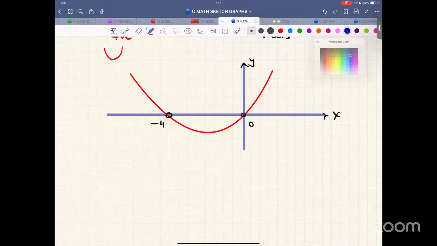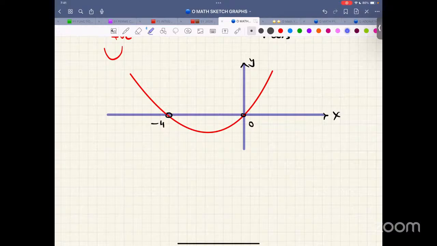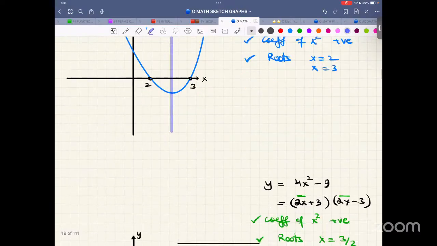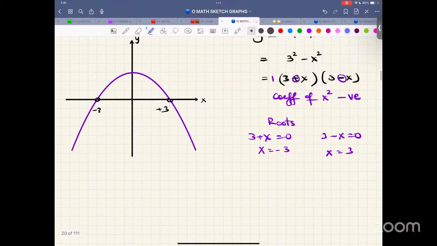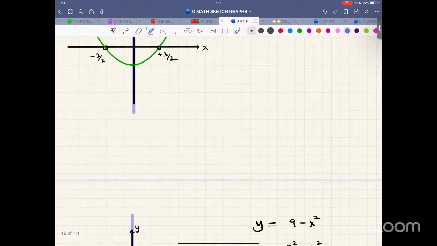Let me choose this color, but let me lighten it. Okay, this looks better. So now this is the line of symmetry. It's not exact. It's not a scale diagram. Over here, this is the line of symmetry, and so on.